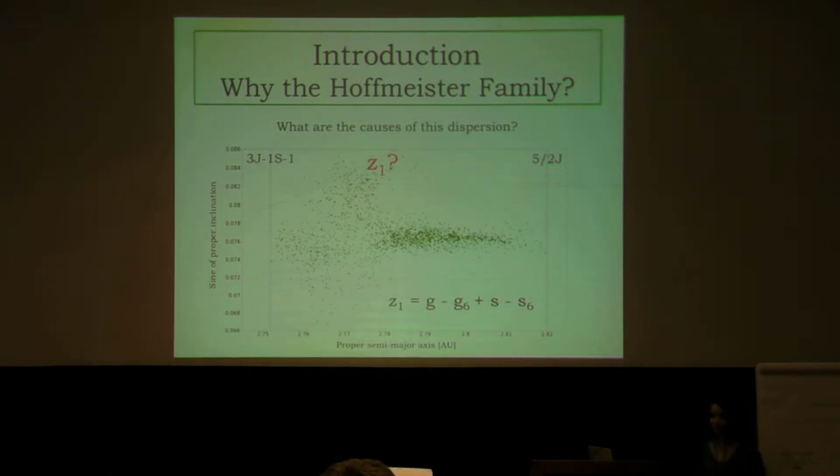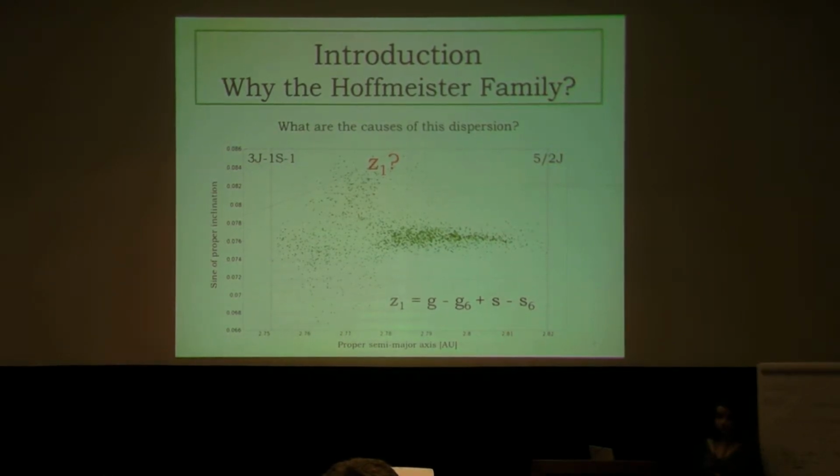So what should be the cause of this dispersion? Our first and main hypothesis was the fact that the secular resonance z1 is crossing the region where the Altmeister family is lying. This resonance occurs when the combination of secular frequencies you see here is close to 0.